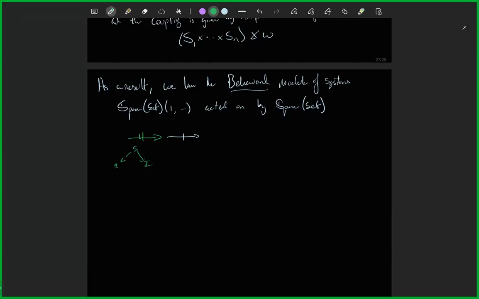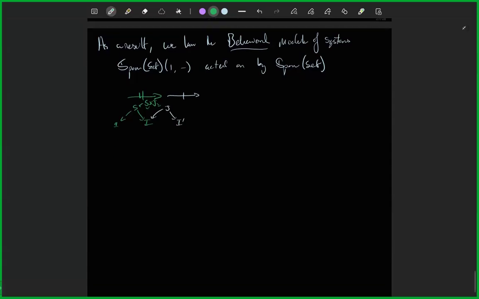And this is another span here. And the composite here is given by the pullback. All right. So this is the first pass at the behavioral approach.